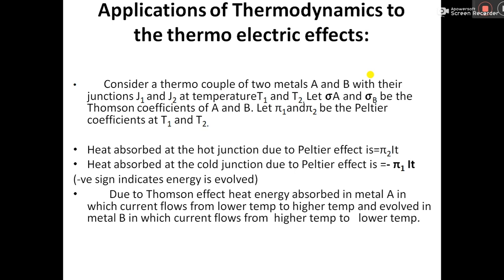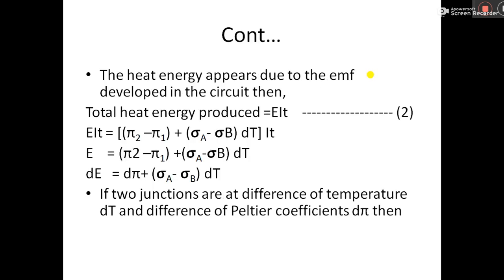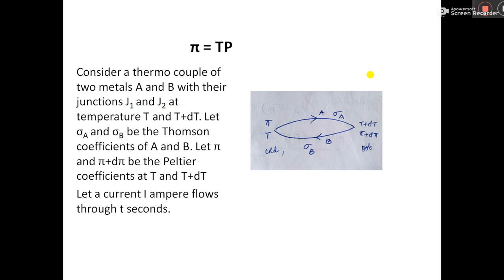So consider a thermocouple of two metals A and B with their junctions J1 and J2 at temperatures T and T plus dt.